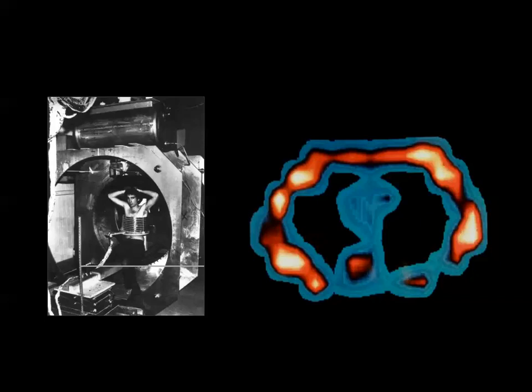And on this side you can see the first MRI image of the human body, and it is easy to see that it is for the chest. You can see the heart, you can see the lungs, and you can see the ribs as well as the spine.